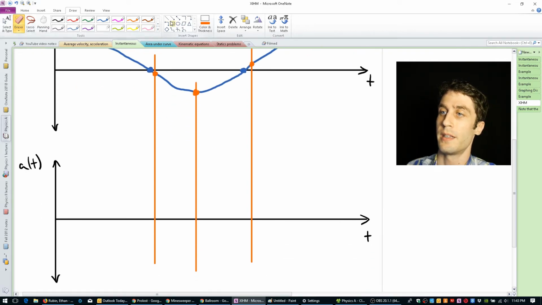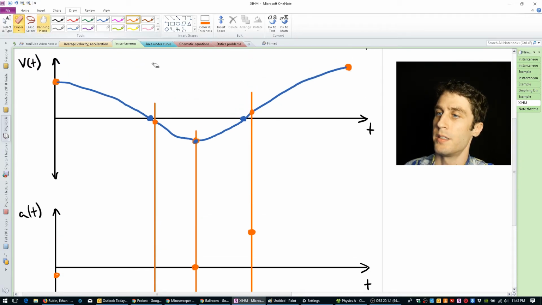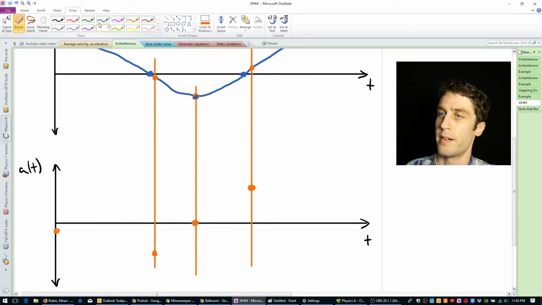And so where the velocity is minimized, the acceleration is 0. And we had a small but maybe non-zero acceleration out here. We have our minimum acceleration maybe right around here. We have our maximum acceleration somewhere around here, because that's where the slope of the tangent line is greatest, and then it kind of levels off again somewhere out here.